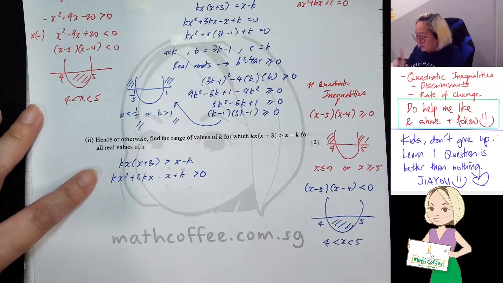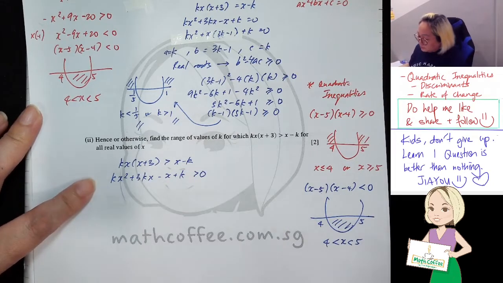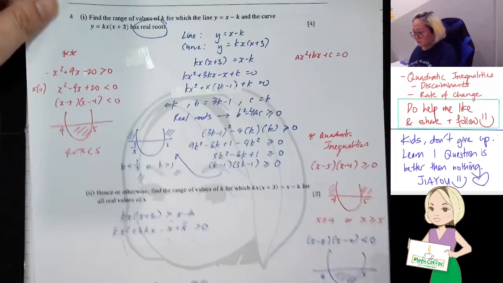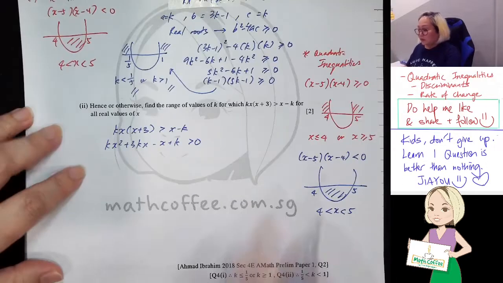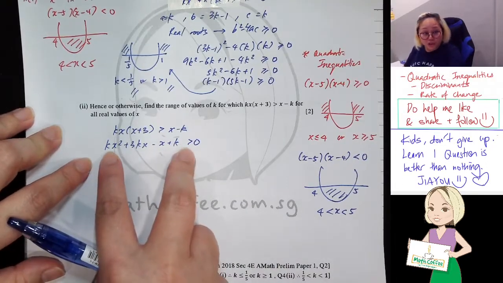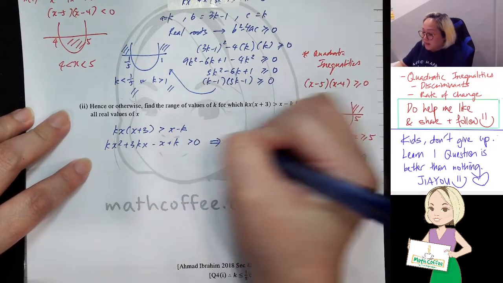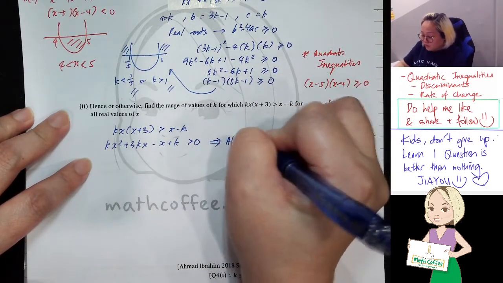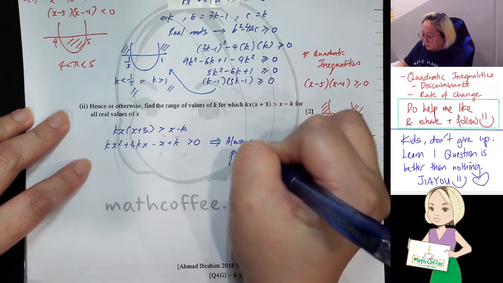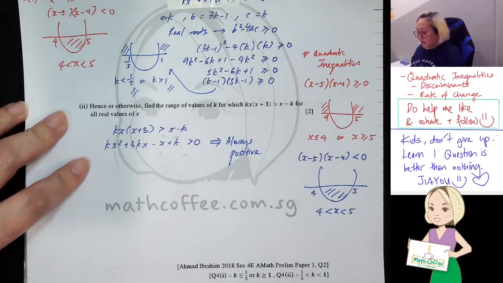Take note, this one is a bit tricky. They are trying to tell you your function is more than 0. This means that it is always positive. Agree?